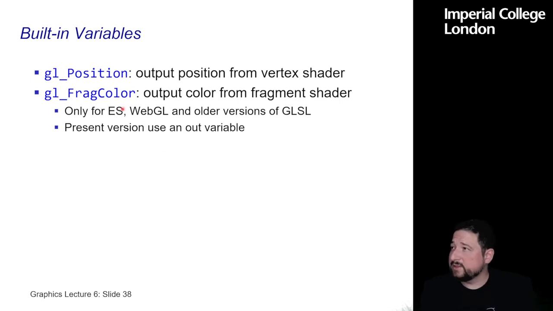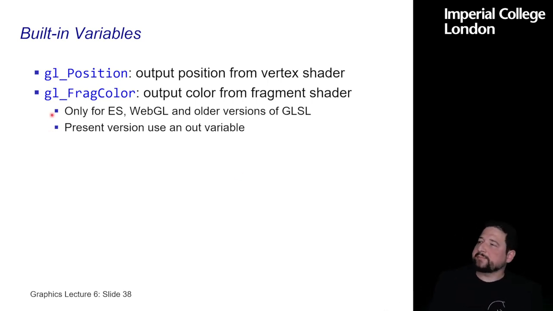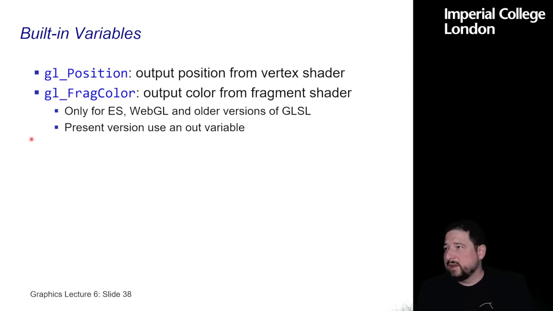Older GLSL will require you to set variables like gl_Position as the output for the vertex shader instead of the out qualifier. So in GLSL and OpenGL 1 and so on, you would need to set gl_Position as the actual output, or gl_FragColor as the output of the fragment shader.